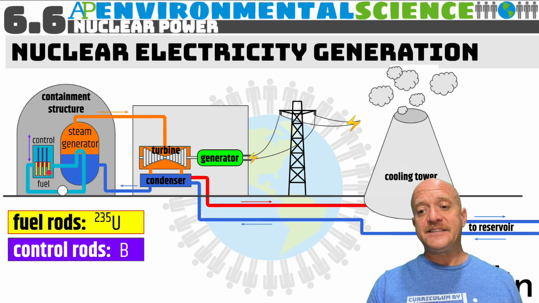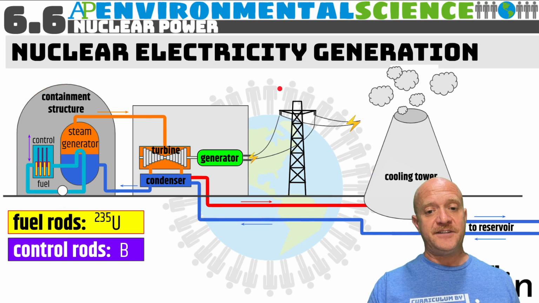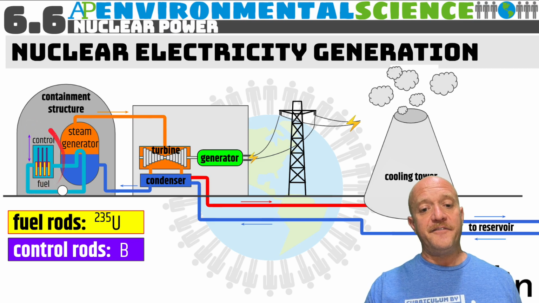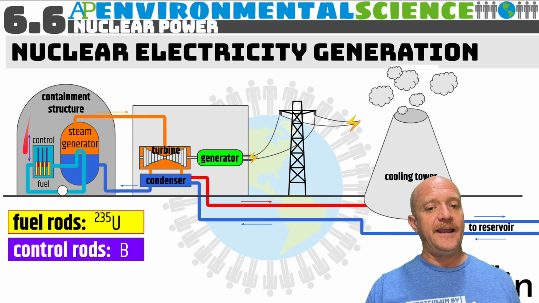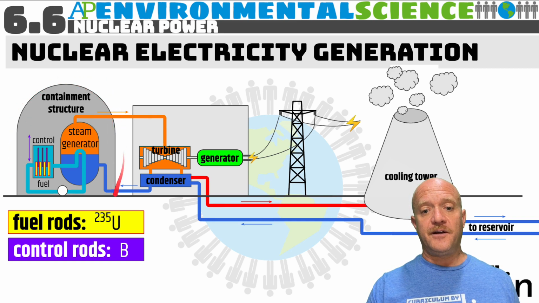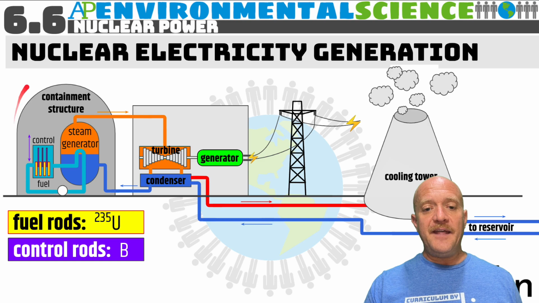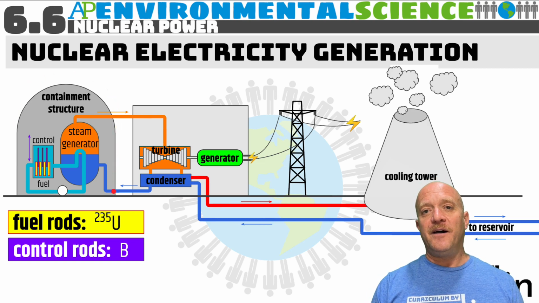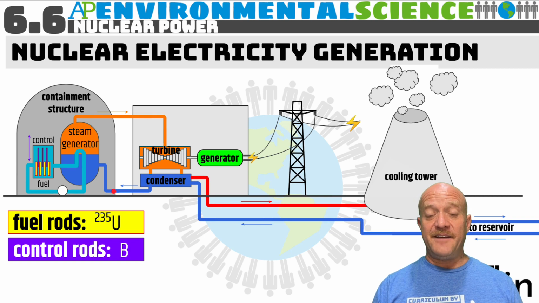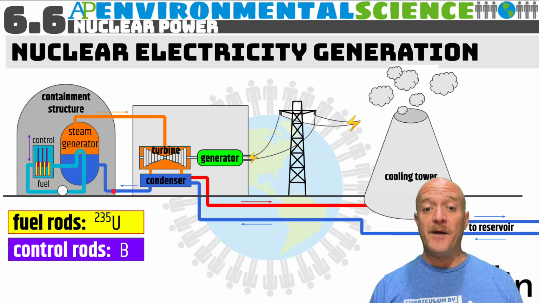Now, this is very similar to the other system to generate electricity. The only difference is you have the control rods and the fuel rods, and this is within a containment structure, which is usually very, very thick concrete or other thick material, and this is to prevent any sort of escape of radioactive particles if there is some sort of explosion or meltdown.